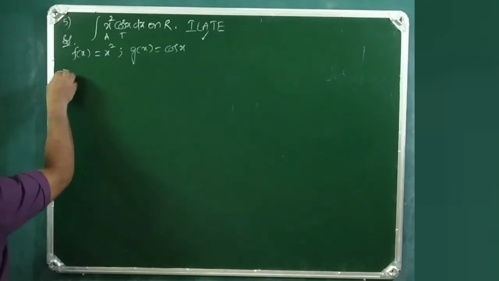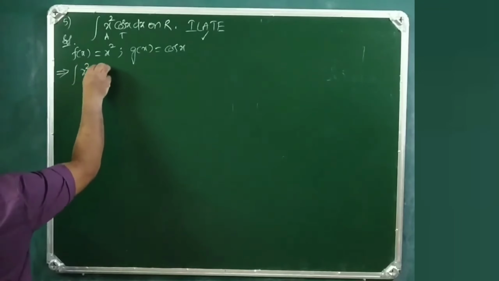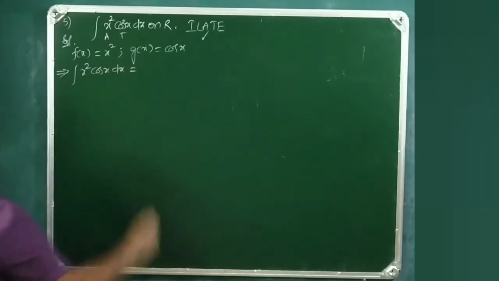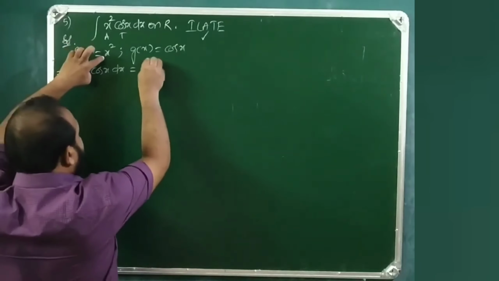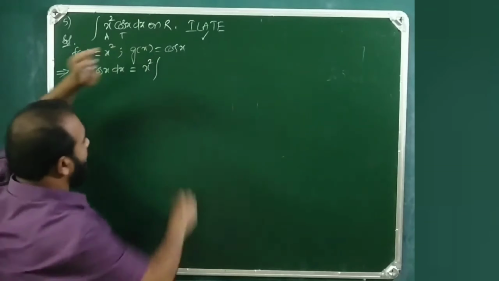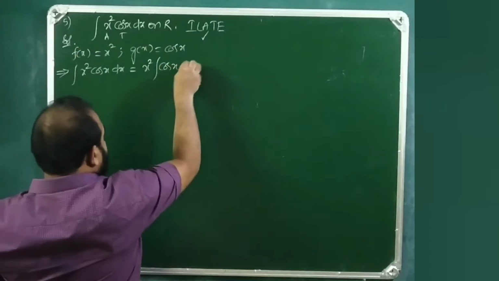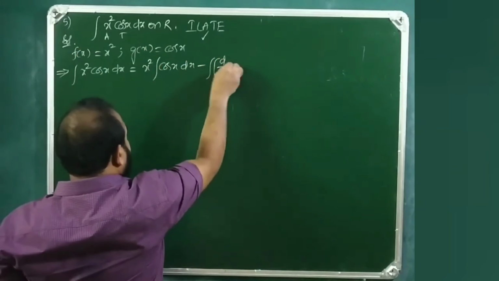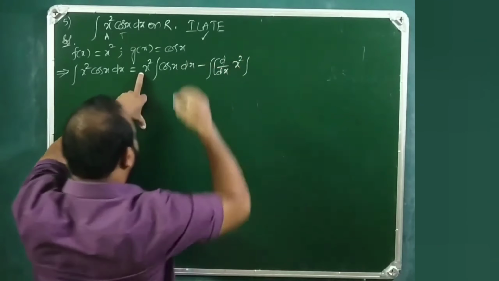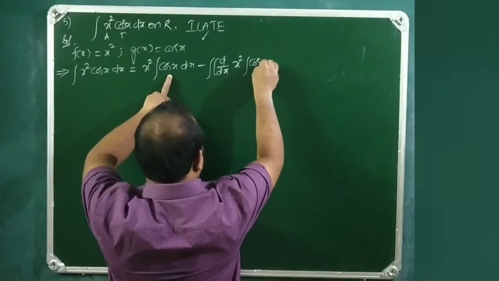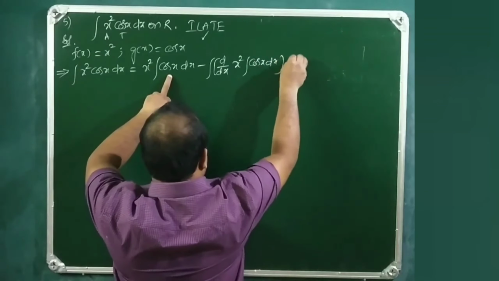So now integral x square cos x dx is equal to f of x into integral of g of x dx, which is x square into integral of g of x, cos x dx, minus integral of d by dx of f of x, x square, into integral of g of x dx, cos x dx, whole dx.